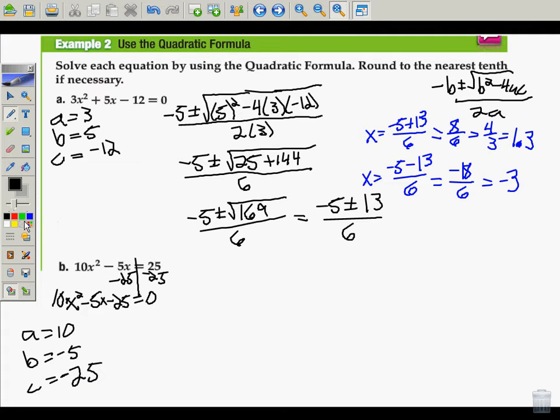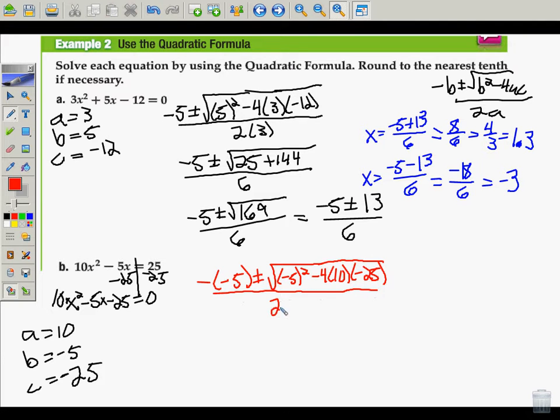Negative b is negative 5, plus or minus the square root of negative 5 squared minus 4 times a times c, all over 2 times a, 2 times 10.